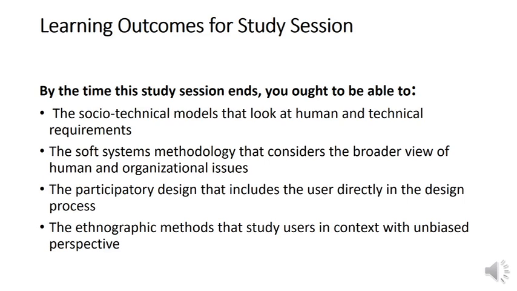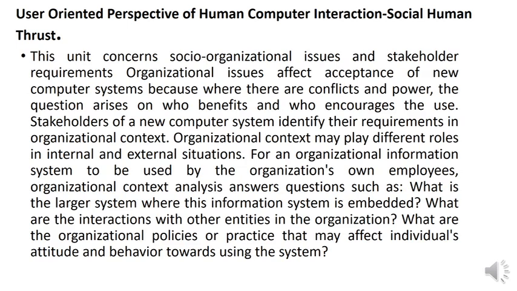We also expect students to understand participatory design that includes the user directly in the design process, and the ethnographic method that studies users in context with an unbiased perspective. These are all 4 key components that we expect students to understand at the end of this unit in section 2.